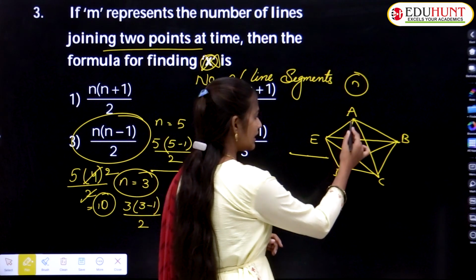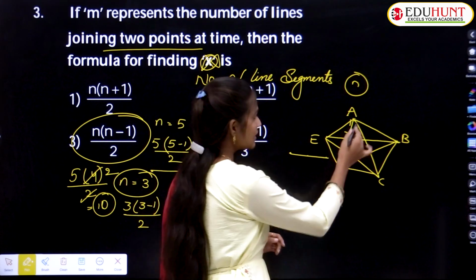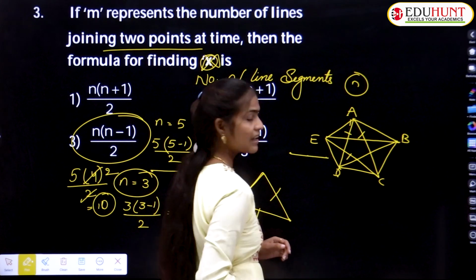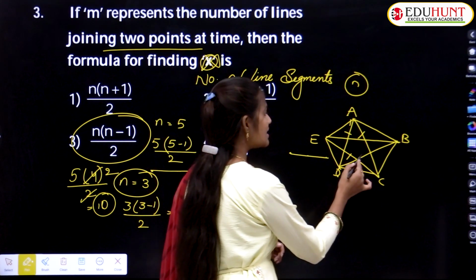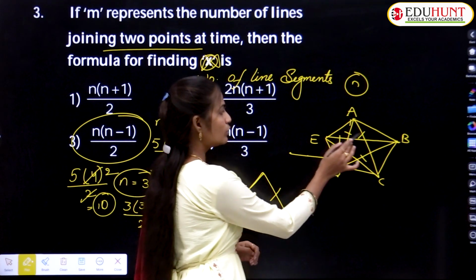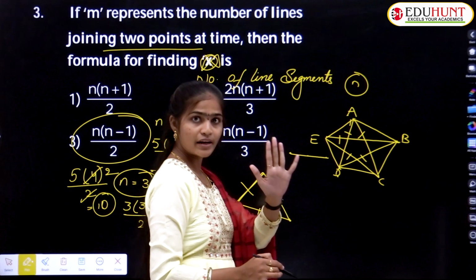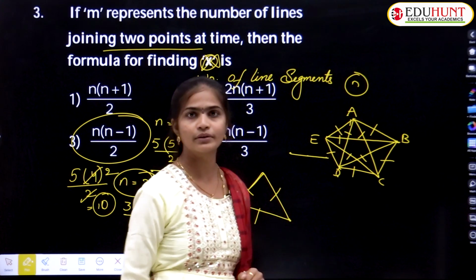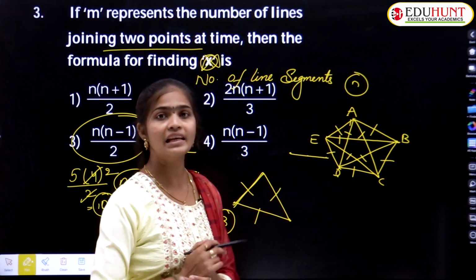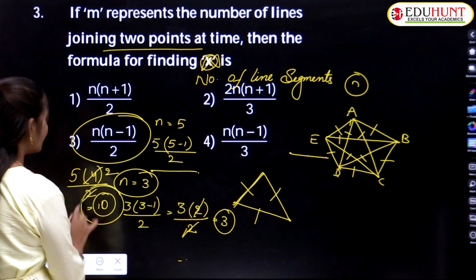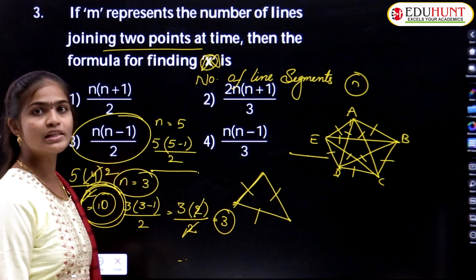Just count: AD is one line segment, AC is another, EC is another, next BD is another, BE is one more. So 1, 2, 3, 4, 5, 5 diagonals, and 5 sides. So totally 10 line segments are there.